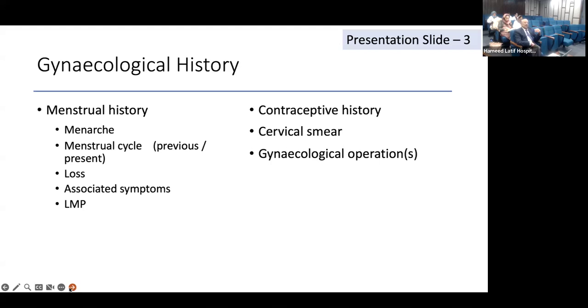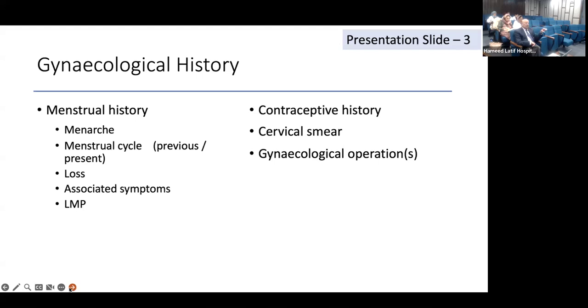Or till the age of 25 she had regular menstrual cycles, and she says that 2 or 3 years back, since then the cycle has become sporadic, or the cycle is longish, or the bleeding is infrequent, whatever. If it is different, you say so; if it is the same, then you say that she always has had a menstrual cycle like that.